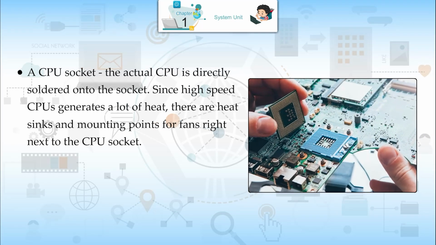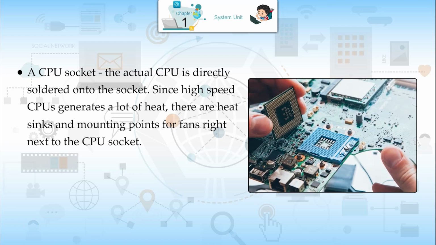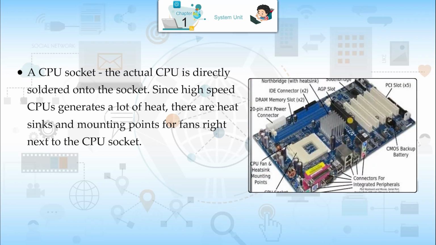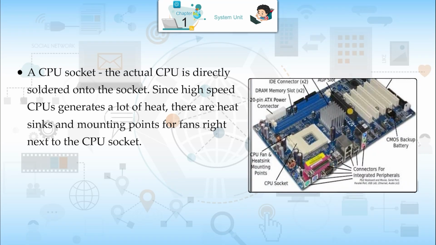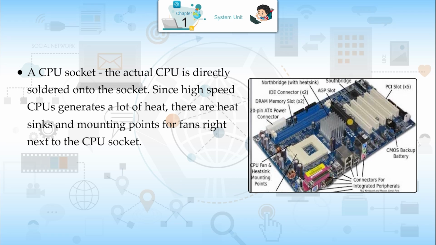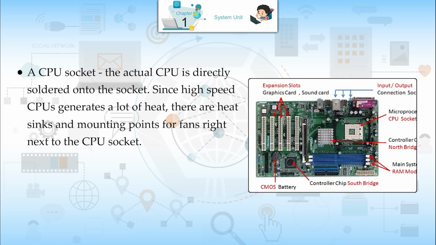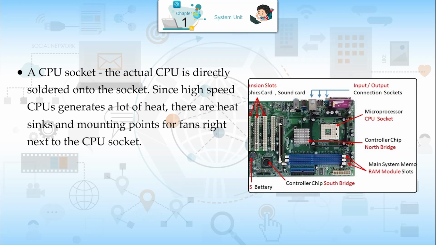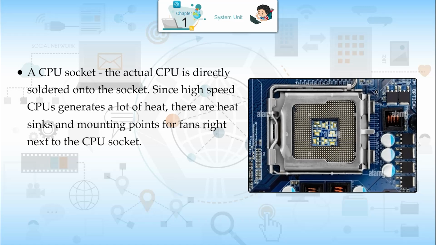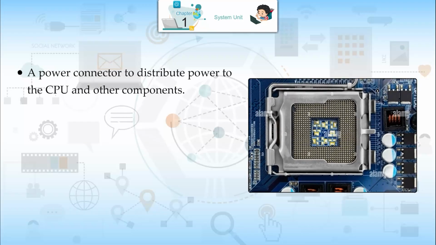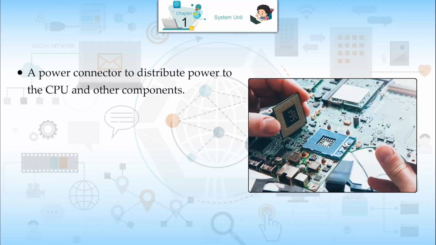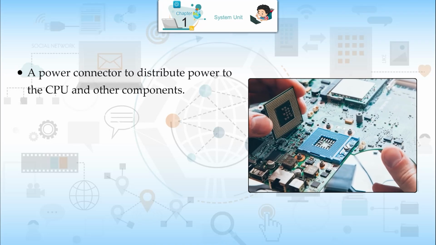A CPU socket. The actual CPU is directly soldered onto the socket. Since high-speed CPUs generate a lot of heat, there are heat sinks and mounting points for fans right next to the CPU socket. A power connector to distribute power to the CPU and other components.